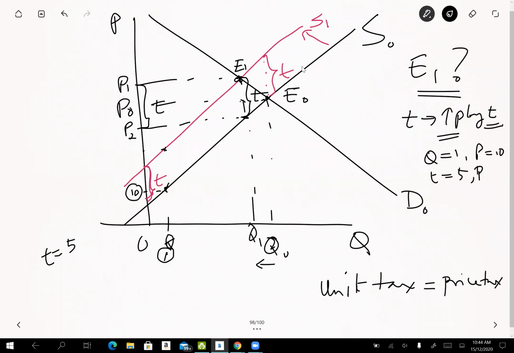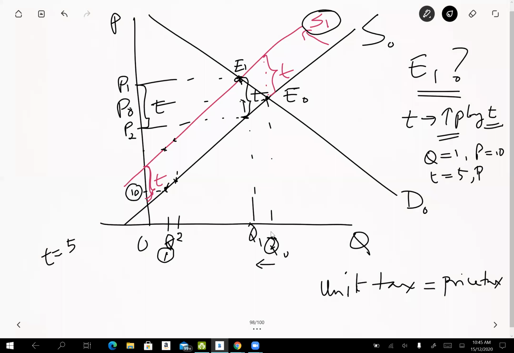So for the firm, they are doing it easy. At any price, they will increase the price by the same amount of the tax. So at Q equal to 2, I will increase the price by the tax, 5 ringgit. That's why you got S1. So you see here the equilibrium will change from E0 to E1.